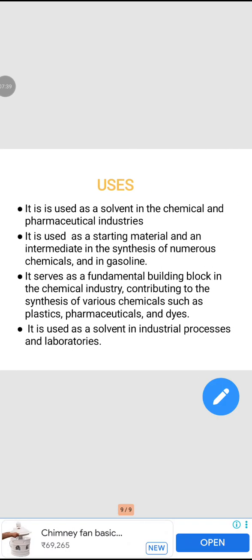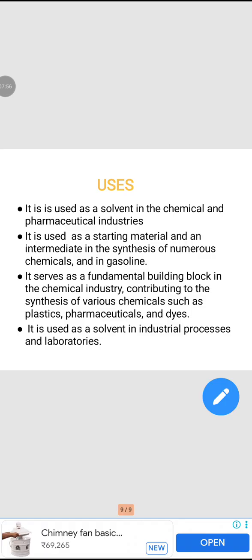Then uses of benzene. It is used as a solvent in the chemical and pharmaceutical industries. It is used as a starting material and an intermediate in the synthesis of numerous chemicals and in gasoline.